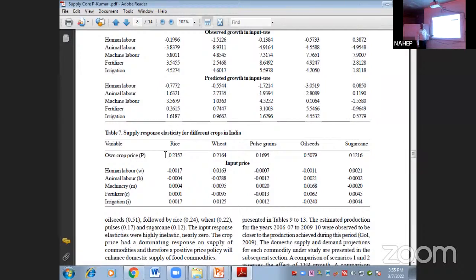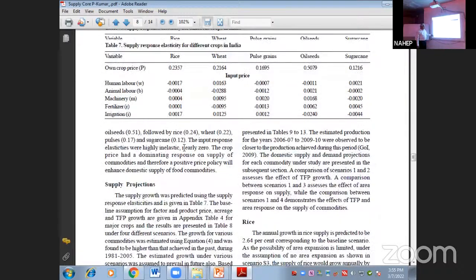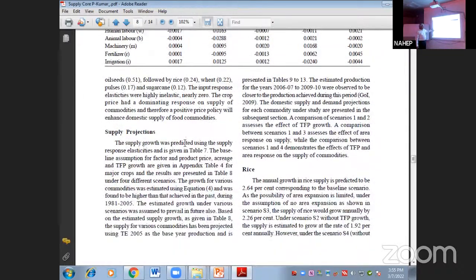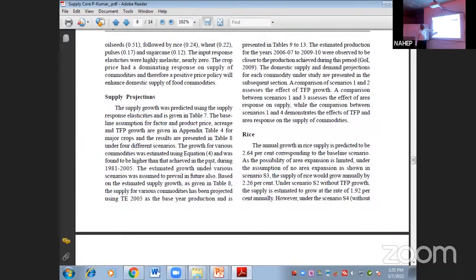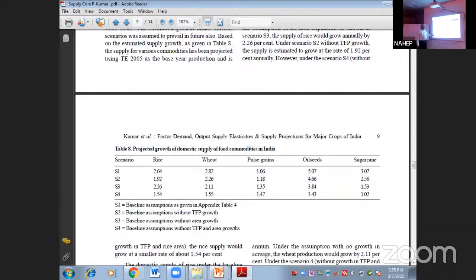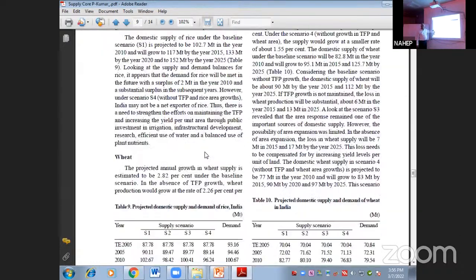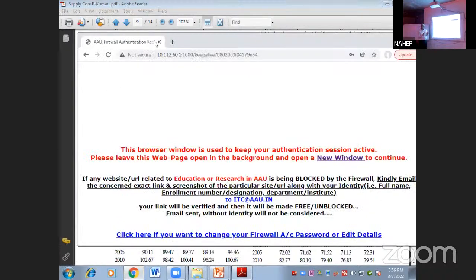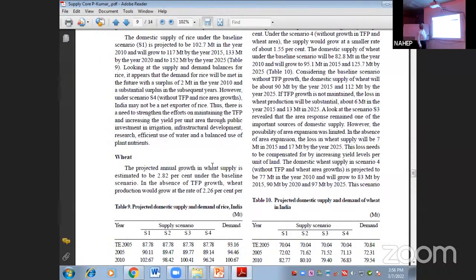Guaranteed pricing. And farmers are demanding a guaranteed price. Supply projections, we made them for a number of commodities. Right? So this is the second. First, you read the first one, try to understand it a bit, then see the templates, and then read this paper. Then it will give easy understanding.